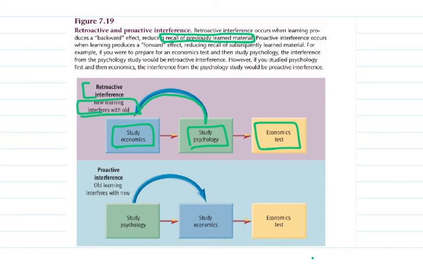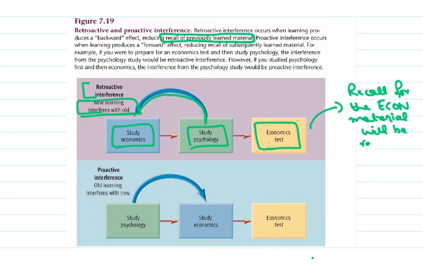So when you appear for this test, your recall for the economics material will be reduced, because after studying economics, you decided to study psychology. New material interferes with the retention of older material. That is retroactive interference.